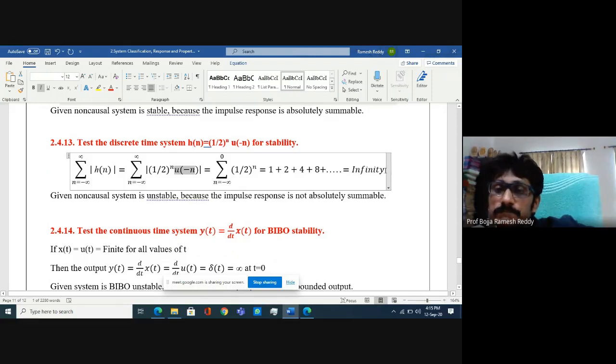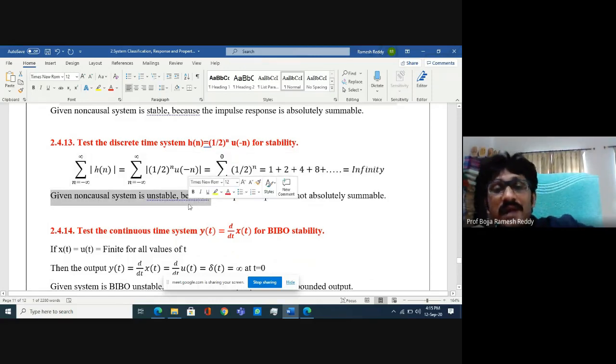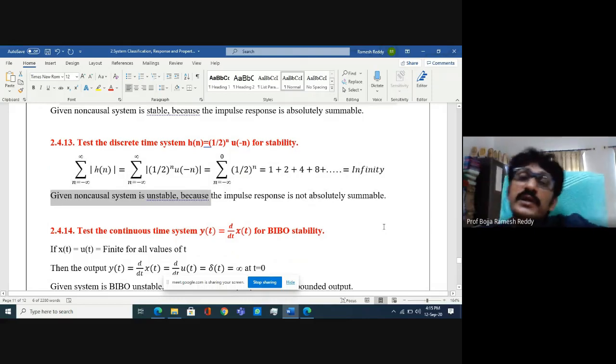It is infinity. Therefore, the given non-causal system is unstable because it is not absolutely summable.